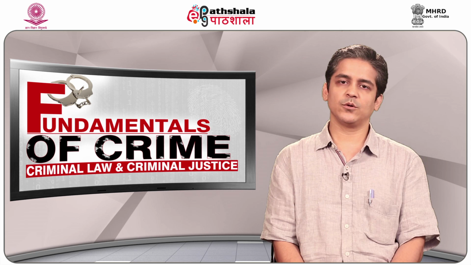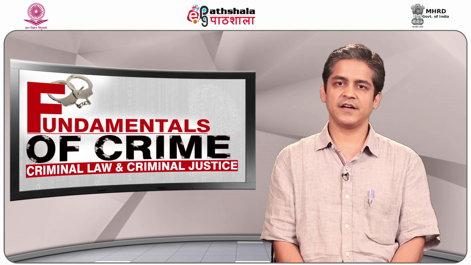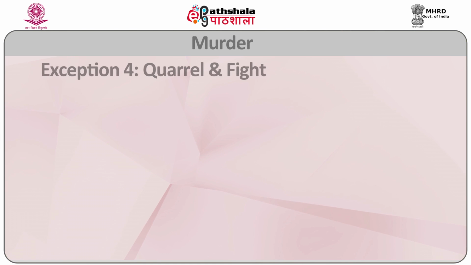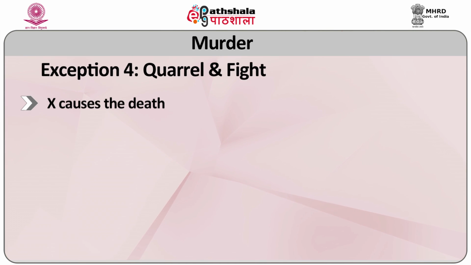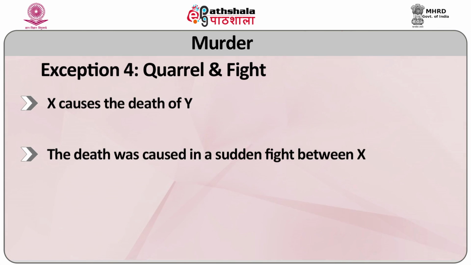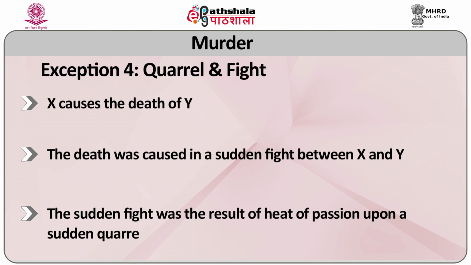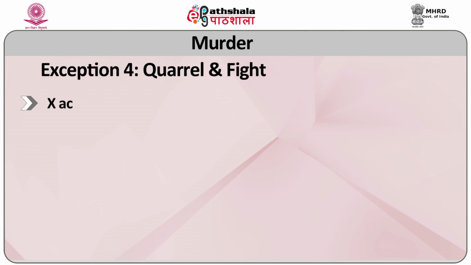Now, let us look at exception 4 in section 300, and here are the ingredients of exception 4 of section 300. X causes the death of Y. The death was caused in a sudden fight between X and Y. The sudden fight was the result of a heat of passion upon a sudden quarrel.